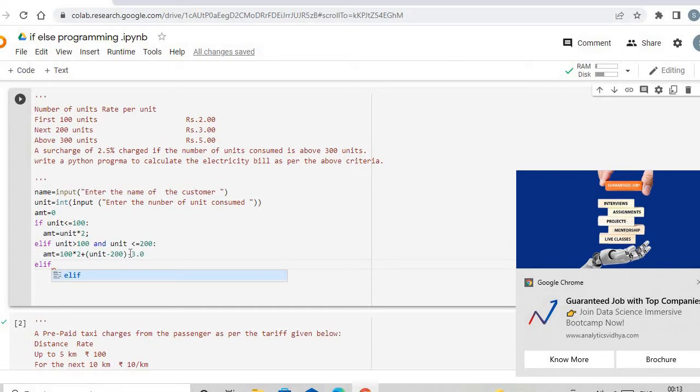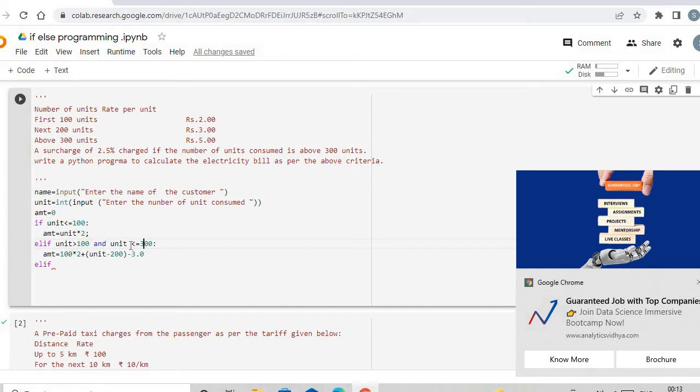It should be up to 300, because it says the next 200, so from 100 to the next 200 means up to 300 units. I made a mistake in the first case, and now it is correct.